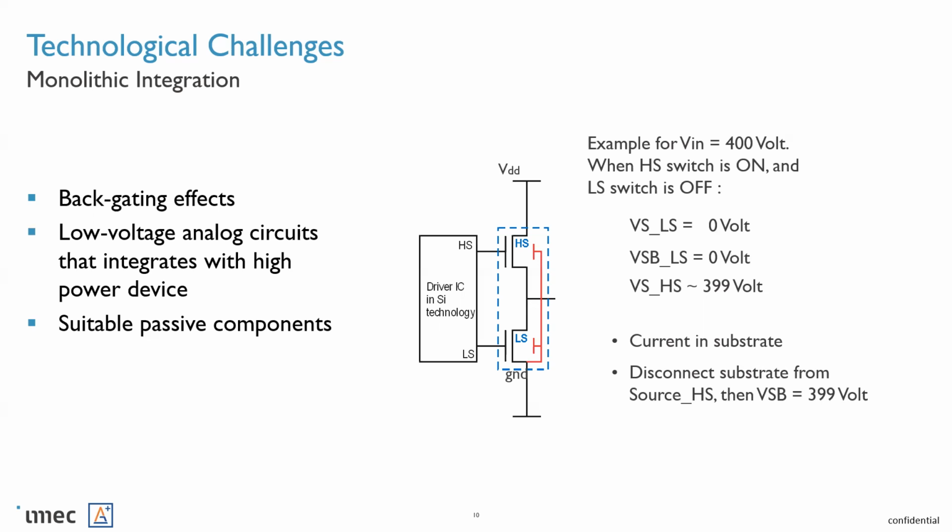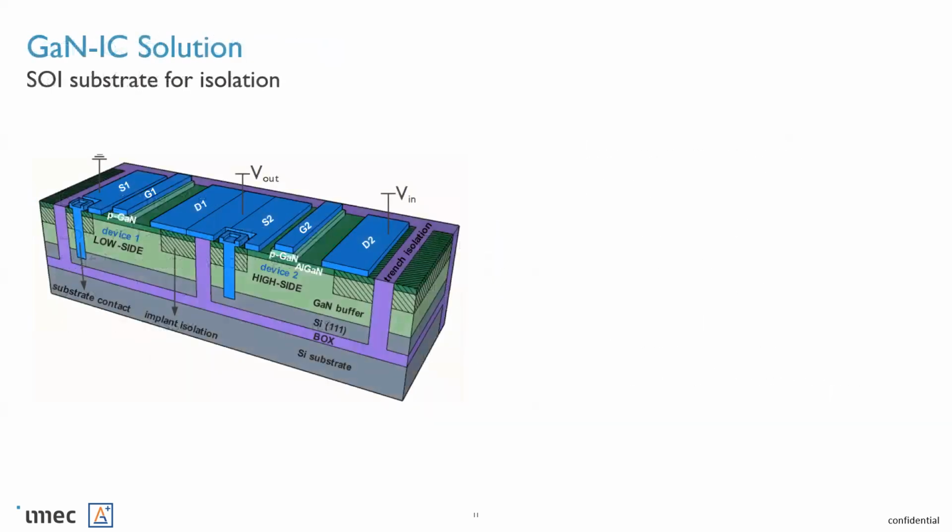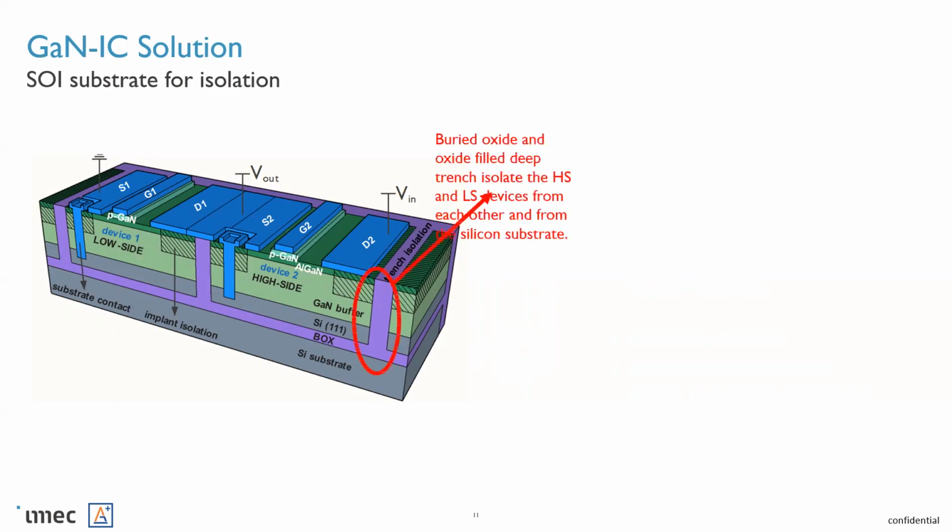In order to avoid this common substrate problem, we worked on an SOI substrate for isolation. In this case, we have silicon 111 and the silicon substrate, which is isolated by a trench isolation and a buried oxide.